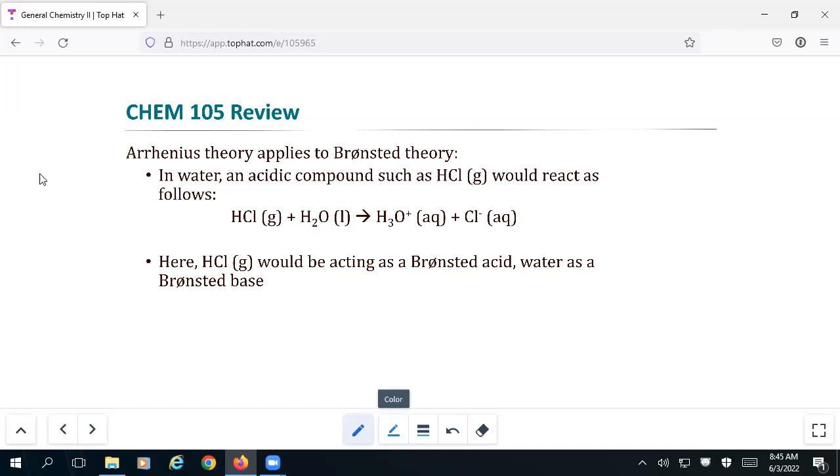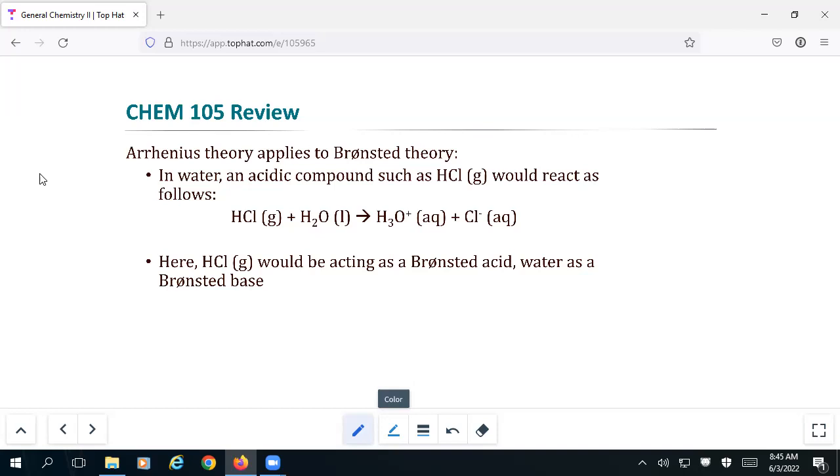But we know that when it dropped into the water and it took that hydrogen off of the water molecule, take a hydrogen off of a water molecule and you're left with hydroxide. There's the hydroxide that the Arrhenius theory was looking for in the first place. We can identify it as a base.